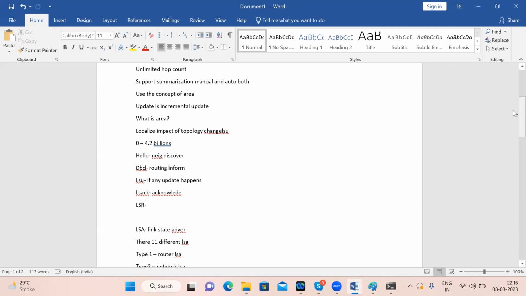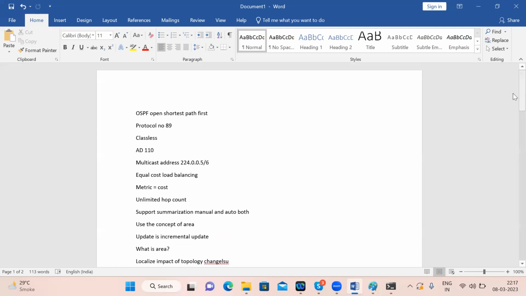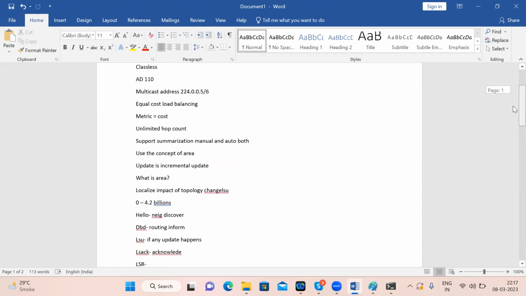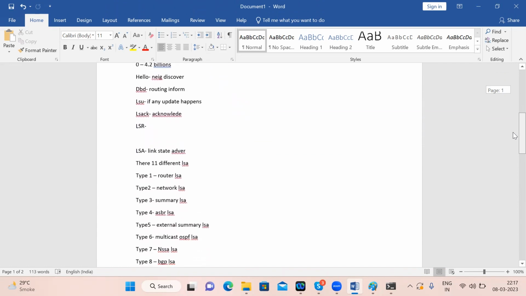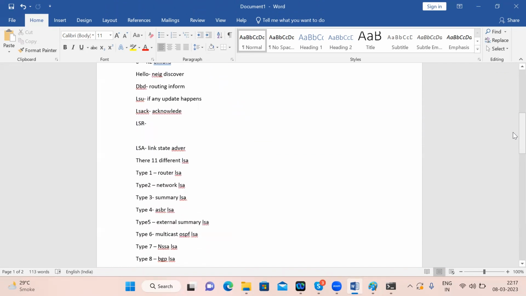Make sure next time you come, you have at least one point on those five LSAs: router LSA, network LSA, summary LSA, ASBR LSA, and external summary LSA.